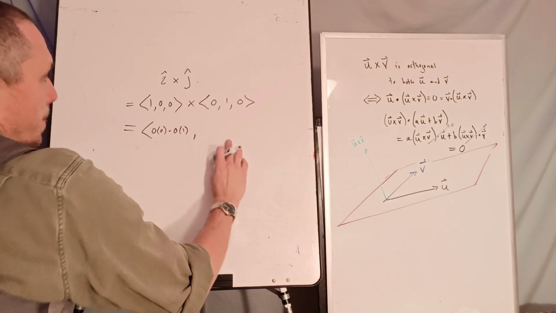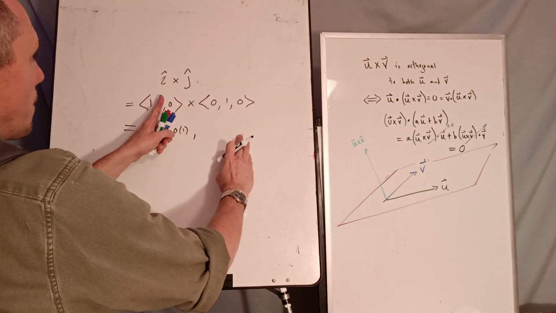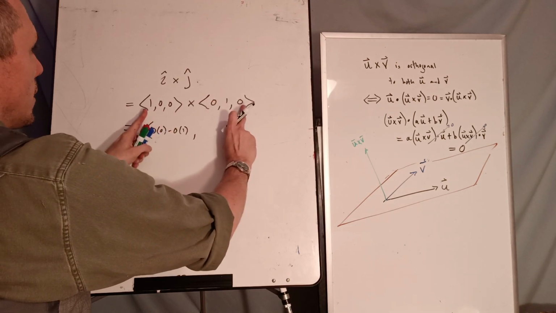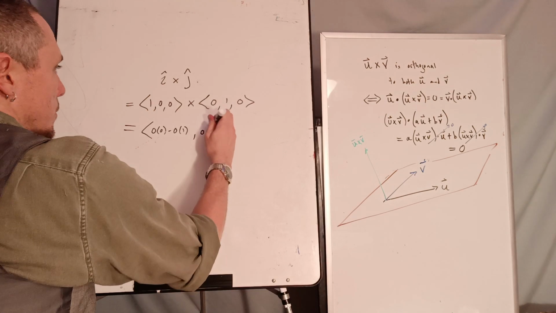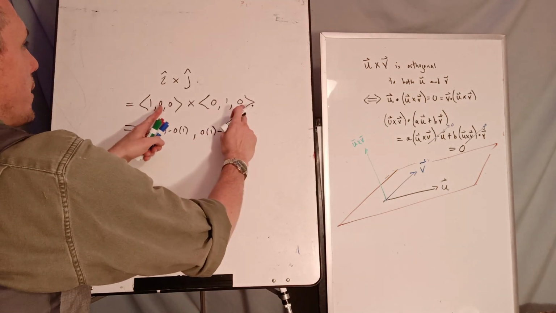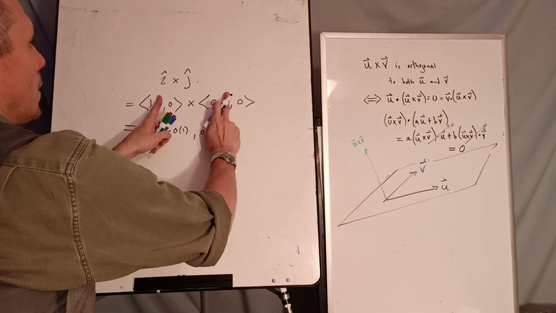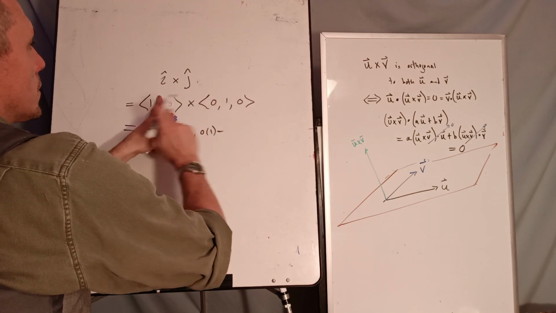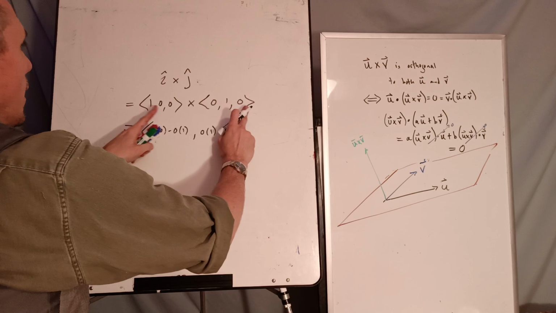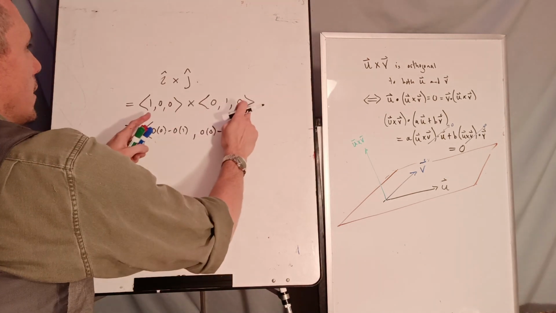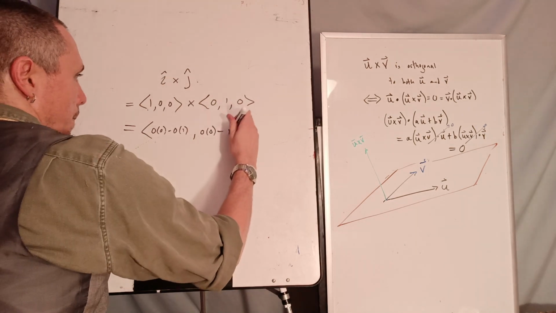And then the middle component, right, we cover that up. And we're going to do z times 1, 0 times 1, minus 0 times 0, and then 1 times 0.